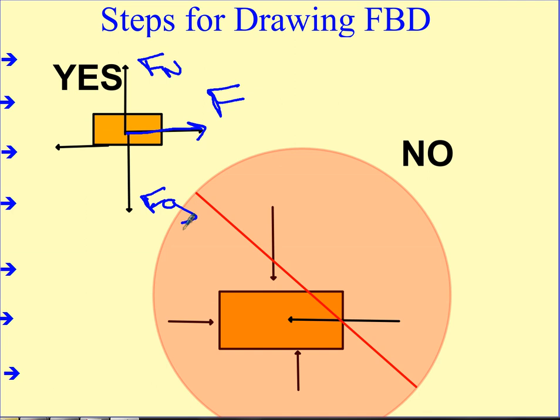FG points down, and this is friction. How do I know it's friction? Because it's contact, it's right there, and the last thing I want to put in is the acceleration. I want to show the direction of my acceleration. This one's not very good because the forces aren't starting on the box. They're actually heading toward the box.